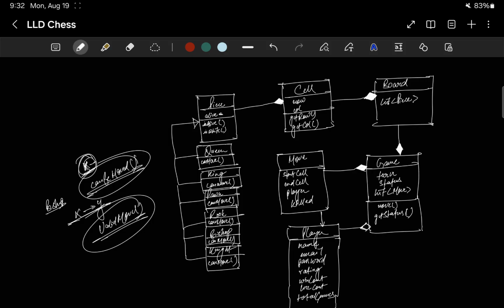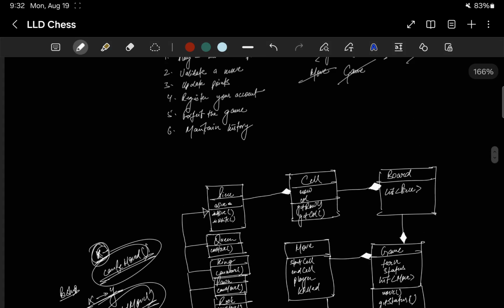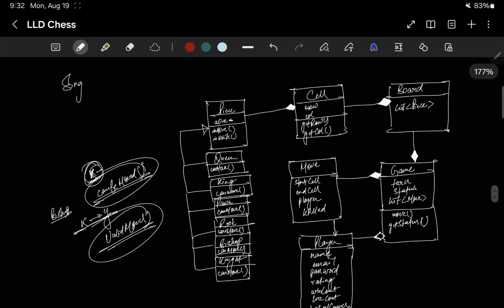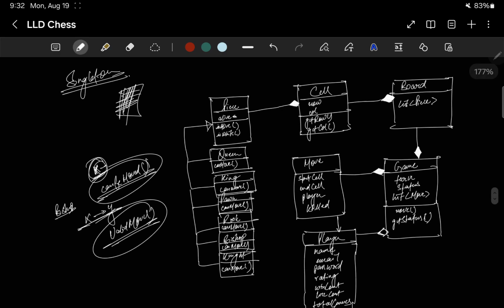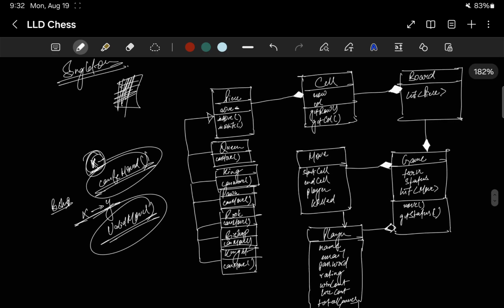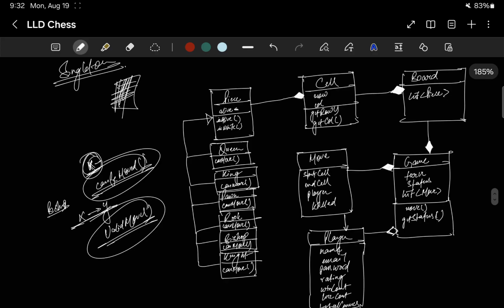Or let's say, again the same thing that I mentioned above, singleton. That question can also be asked, like how will you make sure that there will always be a single instance of the board? This question can be asked, because if you have mentioned that there will be only one instance of the board, the interviewer might want to check if you really know what singleton is, or you just know it at a very superficial level.